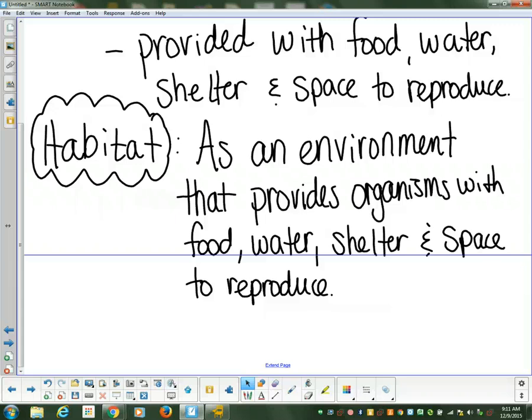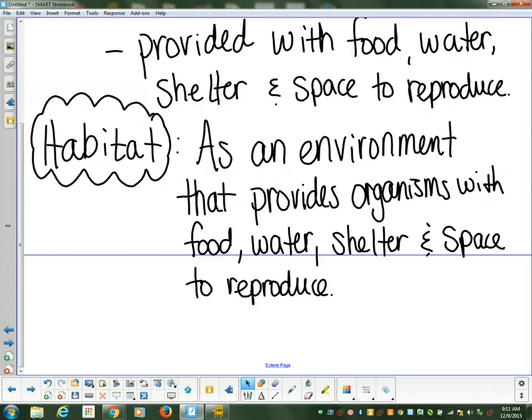Okay, that's a misconception that a lot of people have, that one area is one habitat. Okay, it is not. Habitats oftentimes are multiple habitats for multiple organisms. Okay, so that's important to understand. Habitats have multiple organisms living within them and are going to be multiple habitats for these organisms.